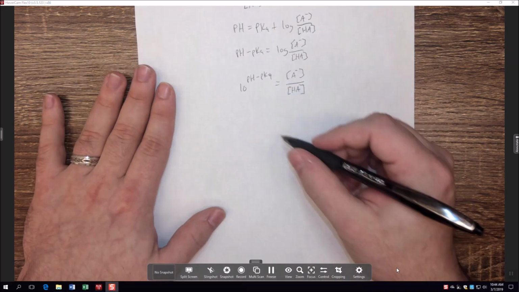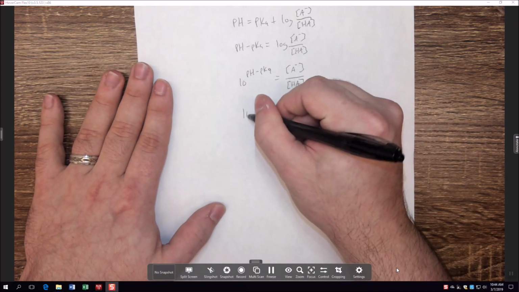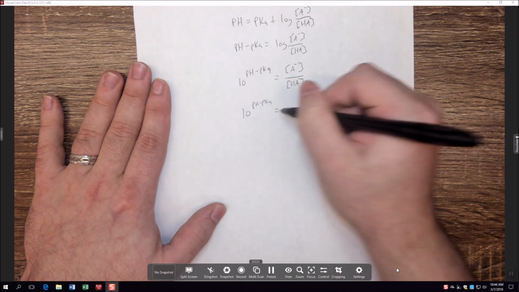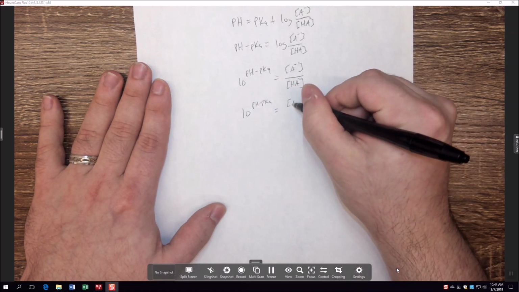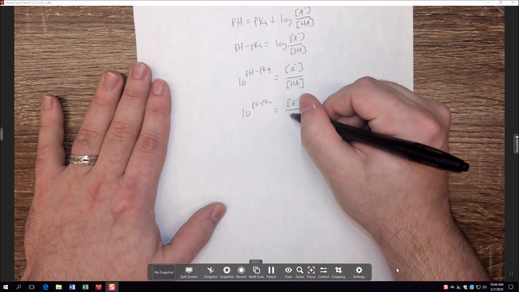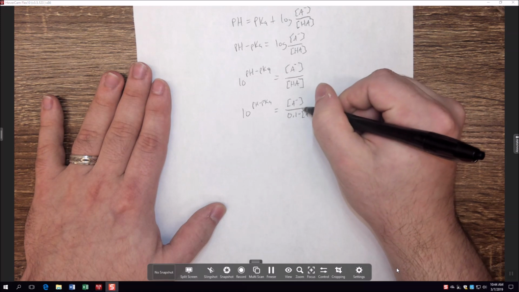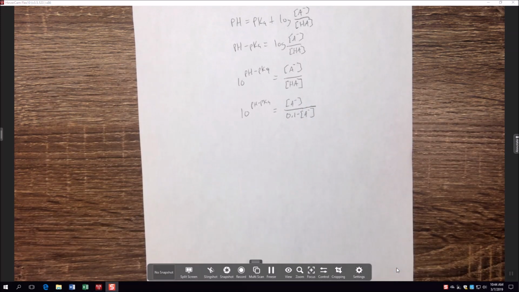So now we're going to have 10 to the pH minus pKa is equal to the concentration of A minus divided by 0.1 minus the concentration of A minus. From this point, all we need to do is some tricky math in order to switch this all around.